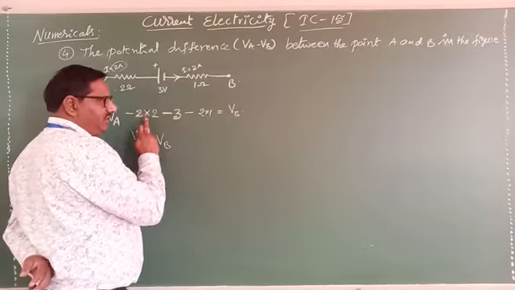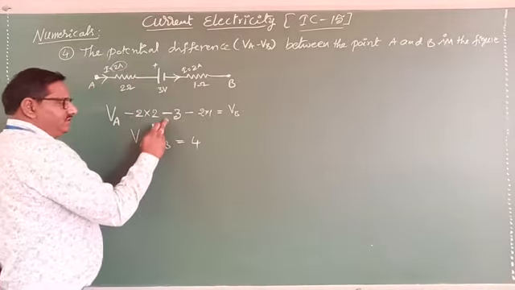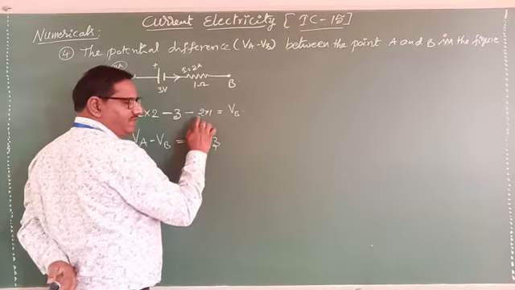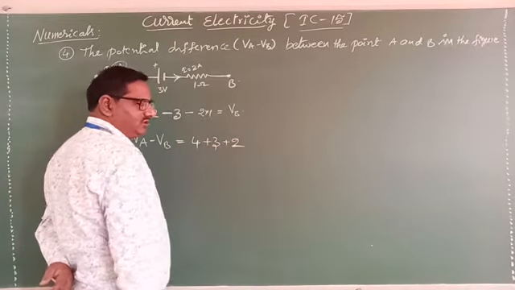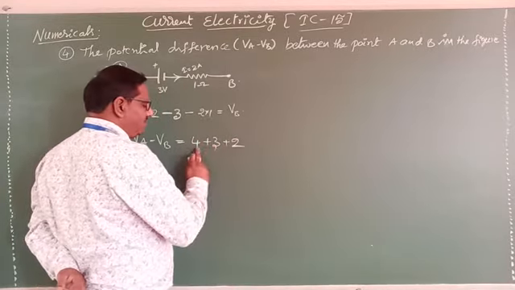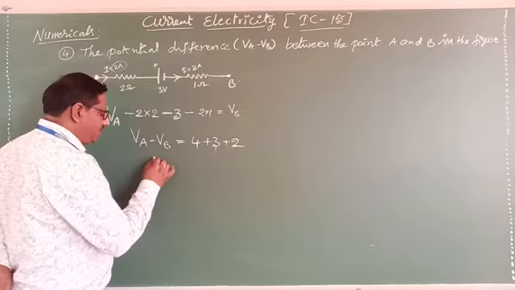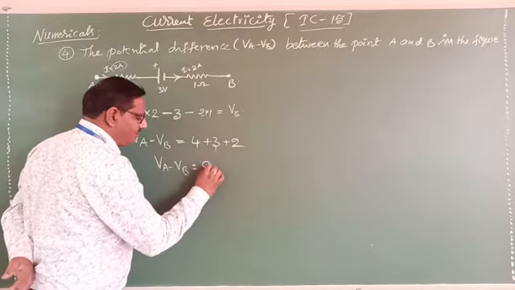Minus 4. Take that side, it becomes plus 4. Now minus 3, take that side, it becomes plus 3. Here minus 2, take that side, it becomes 2. Total 4 plus 3, how much? 7. 7 plus 2, how much? Total 9 volts.